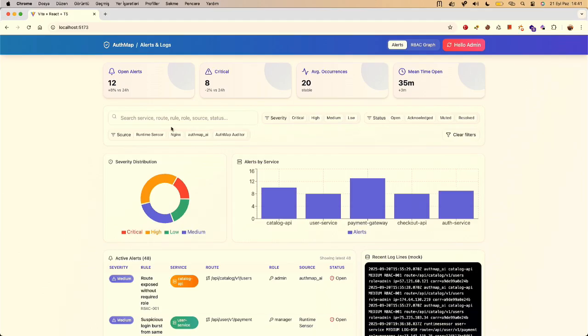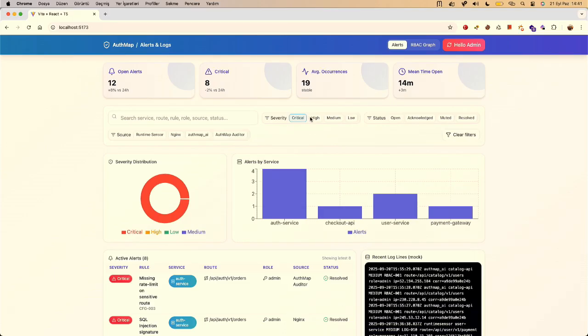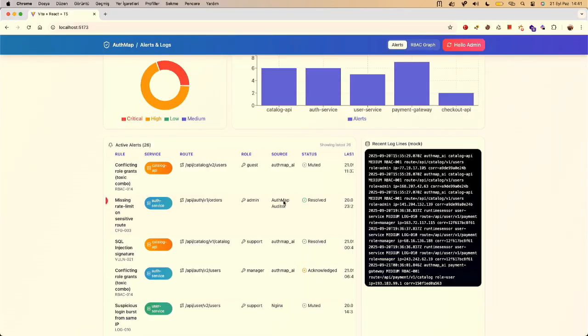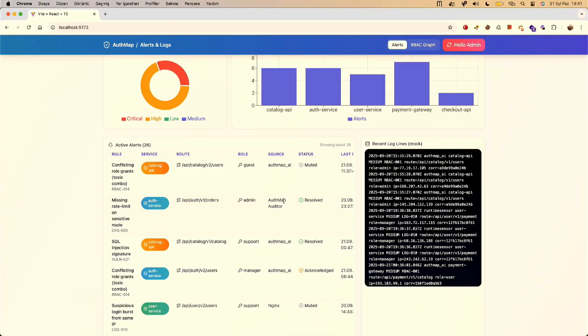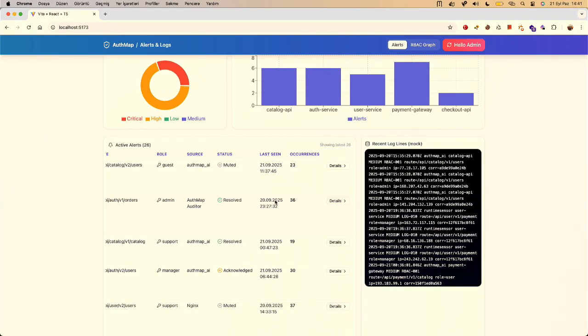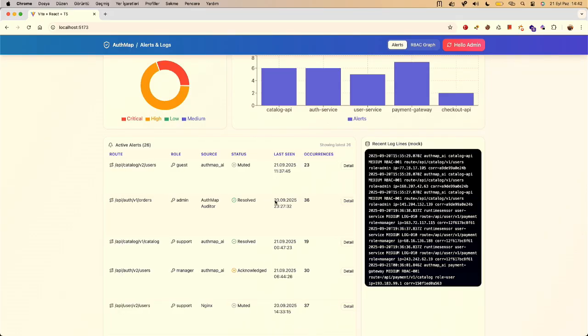For example, if you want to see just critical issues, you can see this section, or another severity of attacks. In this interface, we can see attacks and endpoints, and which user type made the attack at this time.